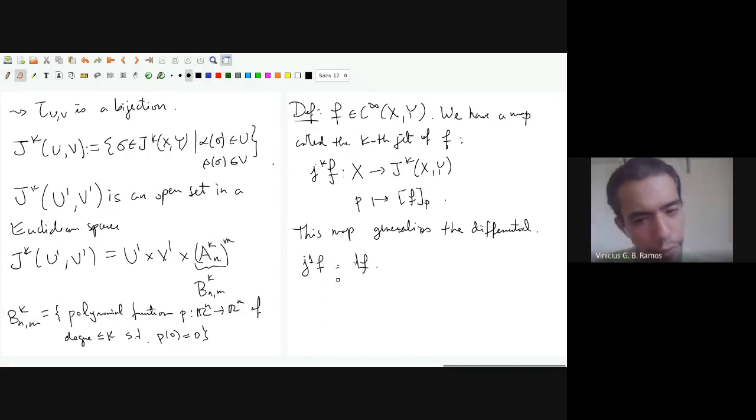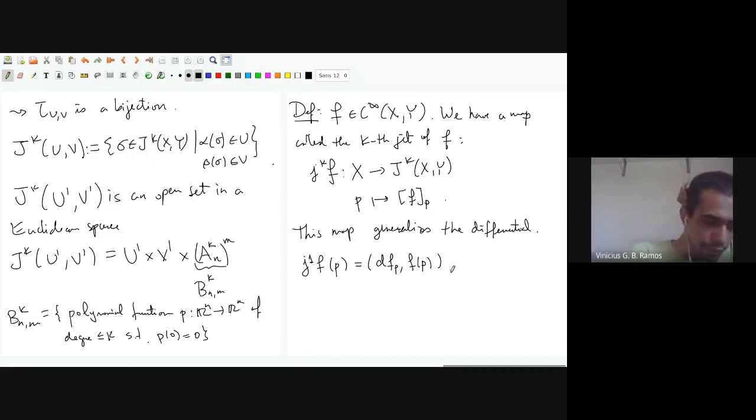To be completely rigorous, the value of the function is also contained in it, in addition to the differential. So at the point P this is df of P, and then you have the value of the function. Okay. I hope this also helps in understanding what the jet is. Yeah, go ahead. Someone wanted to say something?